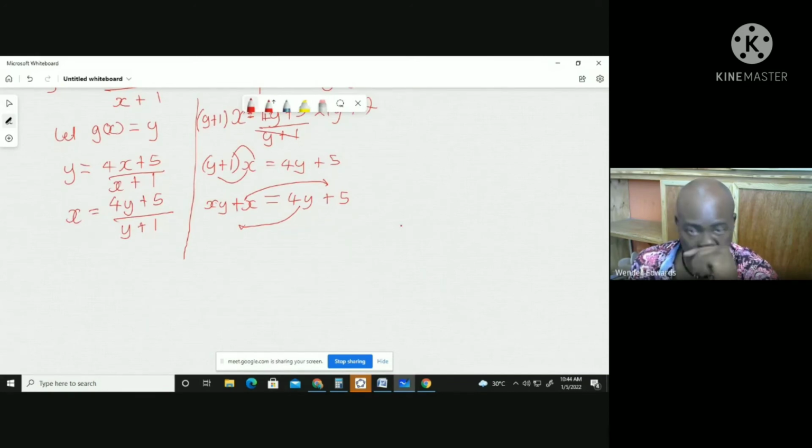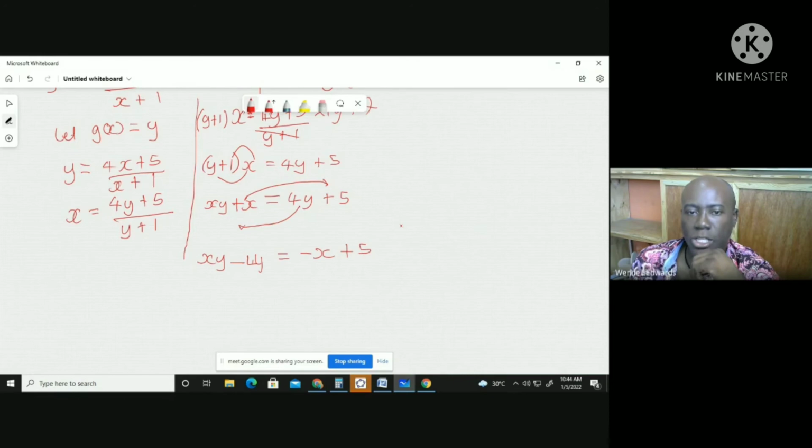All right, let's go. On this side, I'll have xy. I'll subtract 4y here, so that means I have to subtract 4y from the other side. That will leave me with a minus x on the right side, and the positive 5 is there.